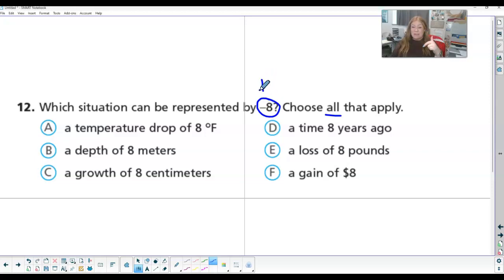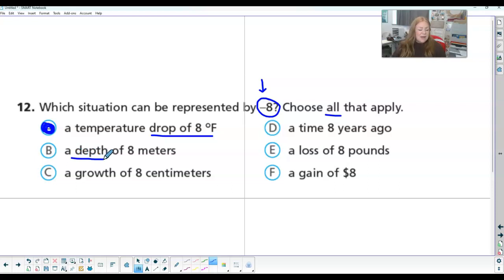It just means it's going down. It could be that the temperature is -8, but it also could just mean the temperature went down 8 degrees. It's like a minus sign, it's taking it away. So the temperature could drop 8 degrees. Drop would mean negative. So I'm thinking A sounds good.